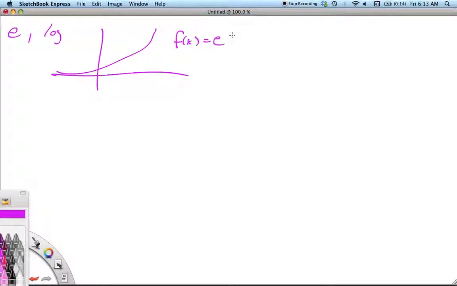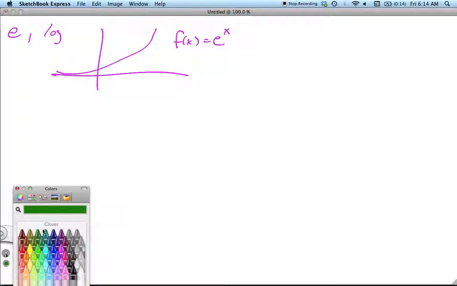Okay. So we just talked about what e is. Now we need to talk about what log is. We had this function here, f of x is equal to e to the x. A natural question to ask is, what is the inverse?